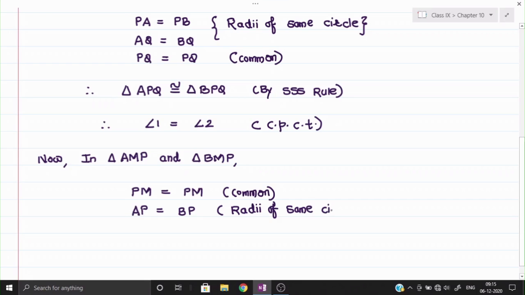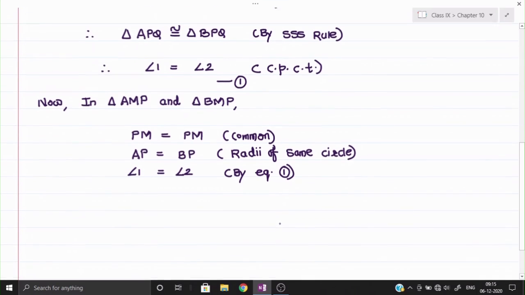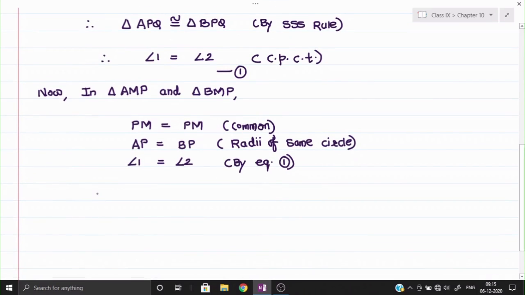And third one I am writing, this one I am giving equation number 1, angle 1 is equal to angle 2. This is by the help of equation number 1. Okay, so now we can say that these two triangles are congruent.